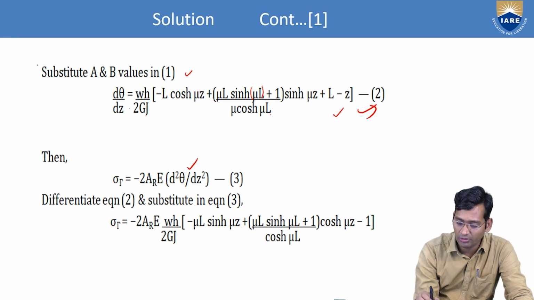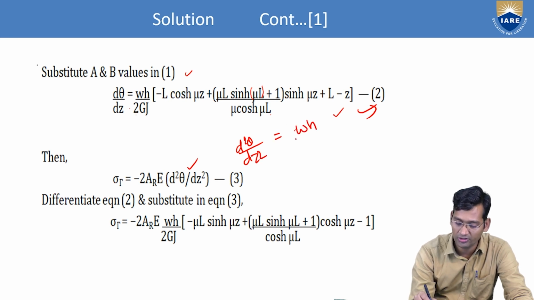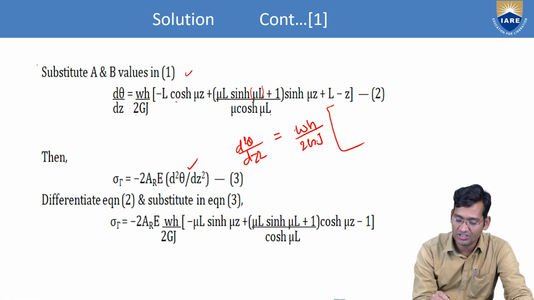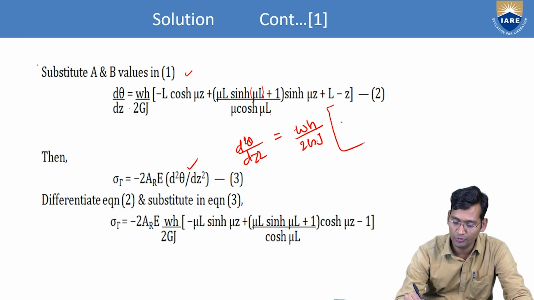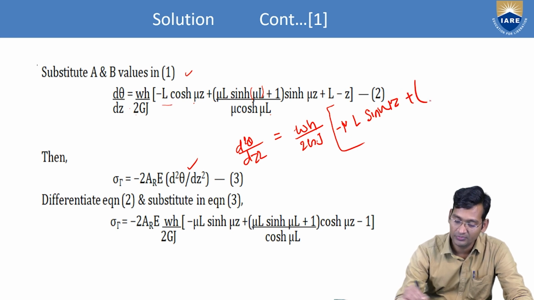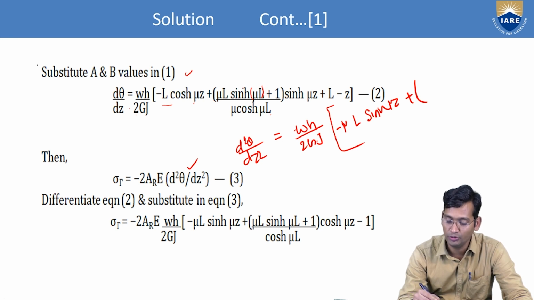So after differentiating this, what will we get? Just see here, d²θ/dz² equals, this is constant, so just keep this one, WH by 2GJ. Now inside we have to differentiate. L cosh, differentiation of cosh is sinh, and of μz gives μ, so minus μL sinh μz, plus, for this one, μL sinh μL is constant because z is not there.